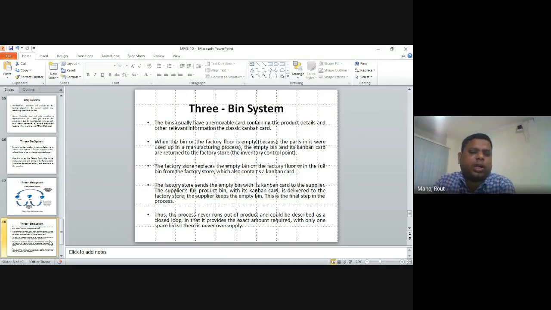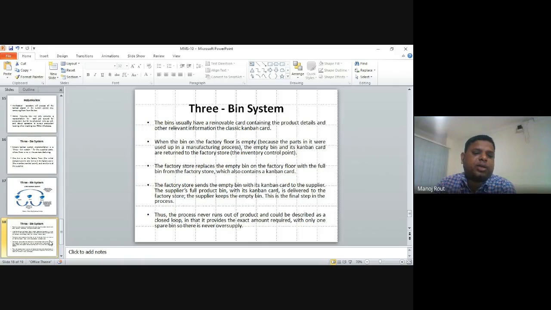The bin usually has a removal card containing the product details and other relevant information, as in the classical Kanban card. When the bin on the factory floor is empty, it's because the parts in it were used in the manufacturing process. The empty bin and the Kanban card are returned to the factory store, that is the inventory control point.